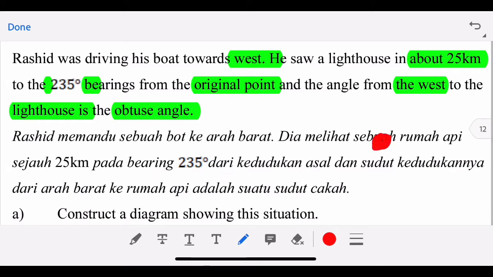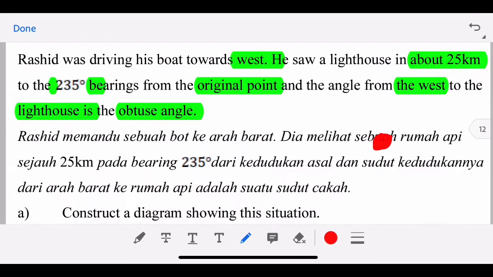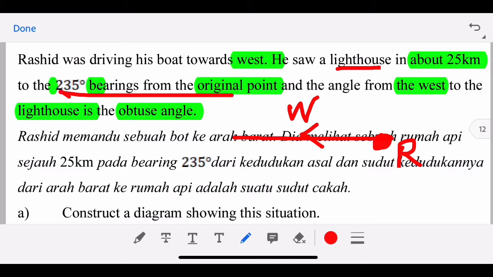So the original place. Let's sketch out the original place. This is the place whereby Rashid starts. Driving to the west, so heading to the west, and he saw a lighthouse about 25 kilometer to the bearing of 235 from the origin.